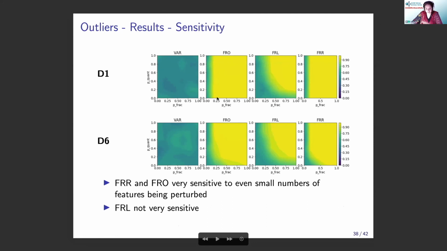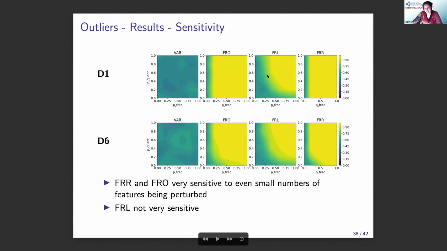This tells you that it's detecting outliers when they are scaled by a factor of 0.05, so very, very weak, and on a very small number of the features. And that's true for both FRO and FRR. So even when just a tiny number of the features are perturbed, it picks it up.